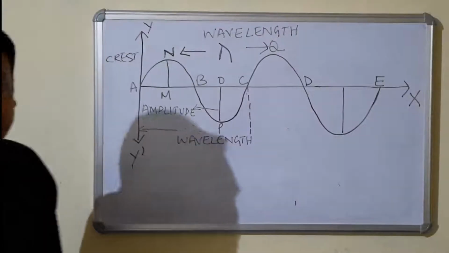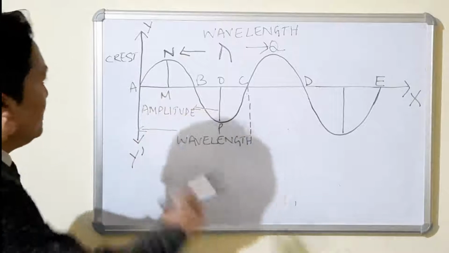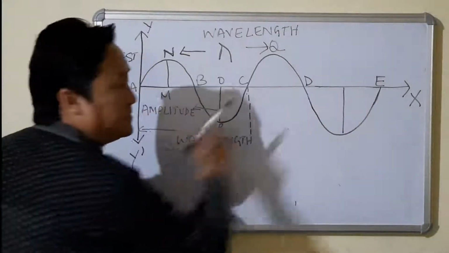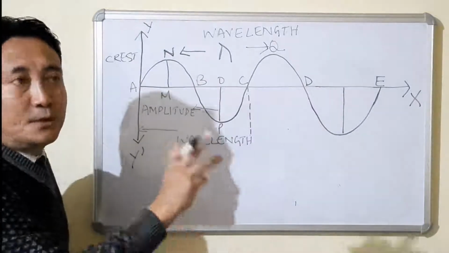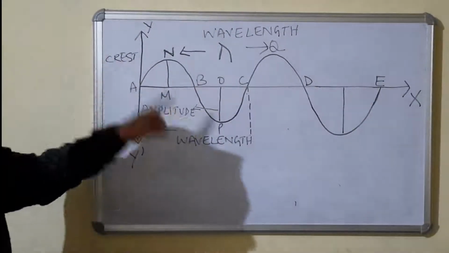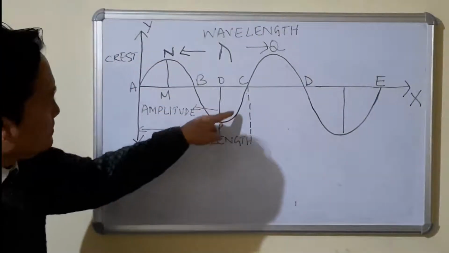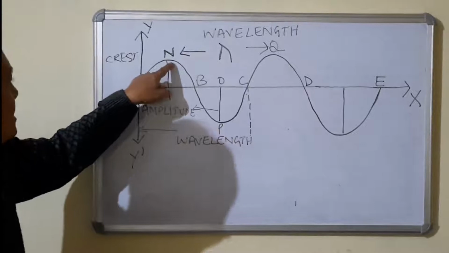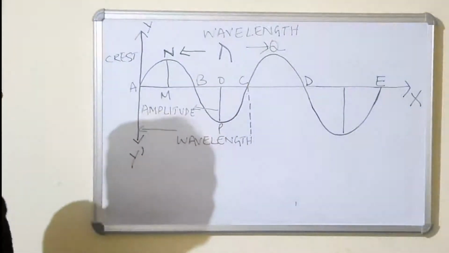Next is the wavelength. Wavelength means the length of one wave on the x-axis. The length of one wave means, when they make one wave, from A to C, starting from here. N and Q represent one wavelength.